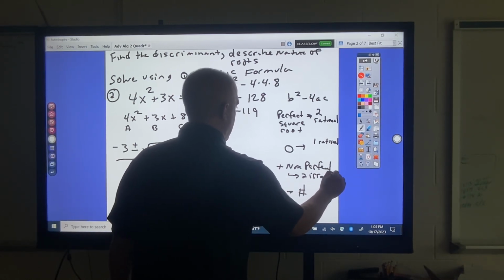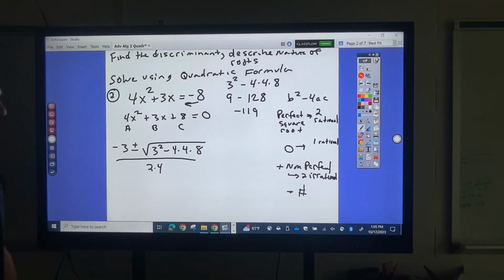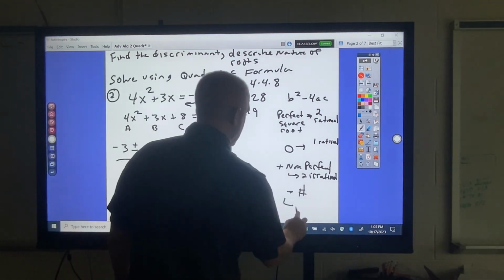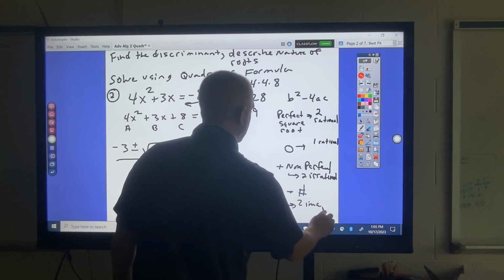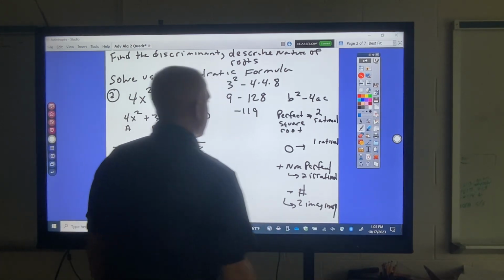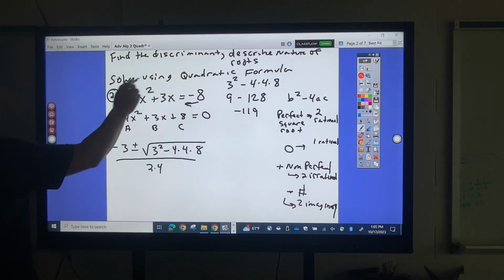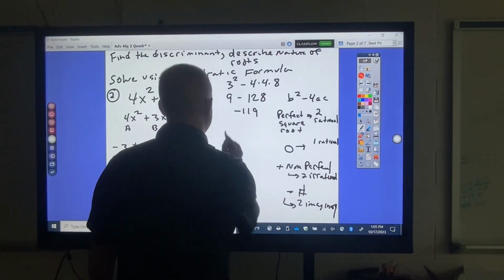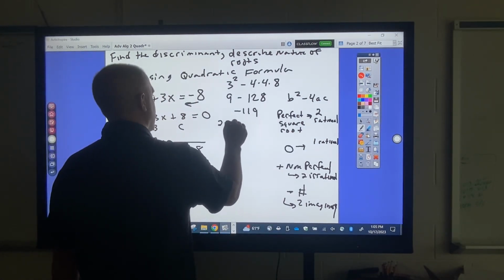That means you're going to have some kind of square root. And if you get a negative number, you're going to have 2 imaginary. So in this case, I'm going to have 2 imaginary. If I describe the nature of the roots, I would have 2 imaginary.